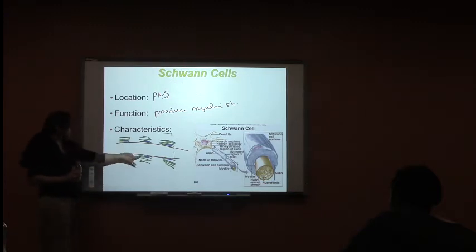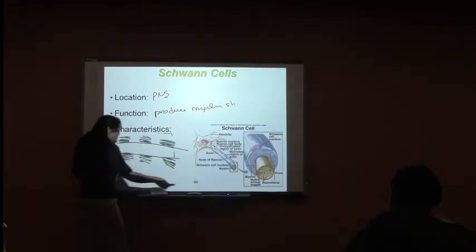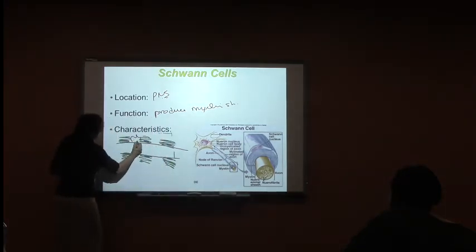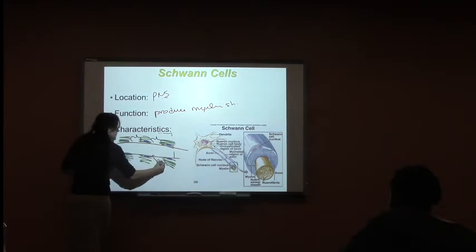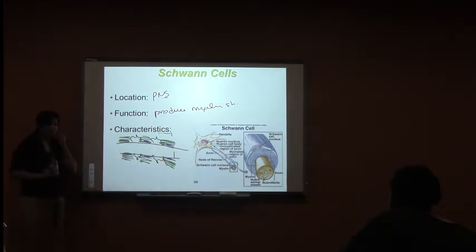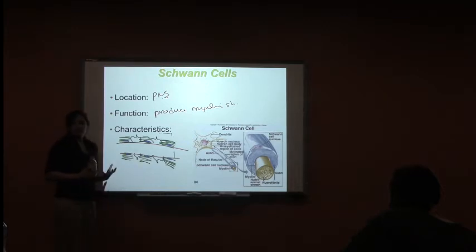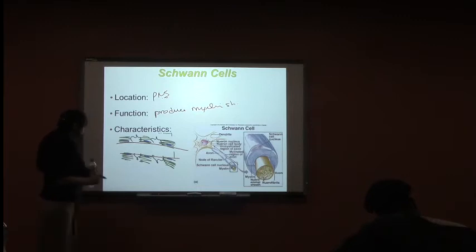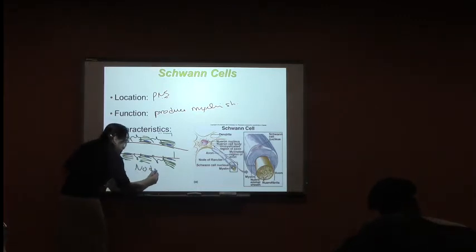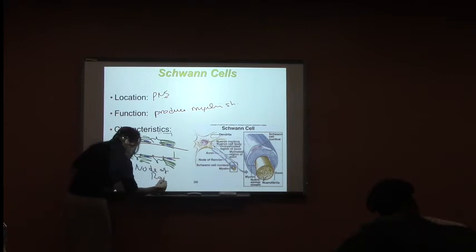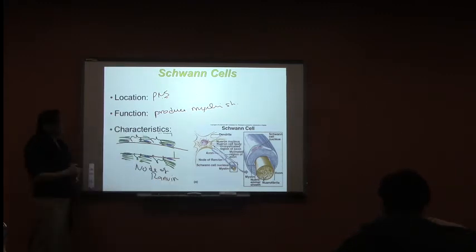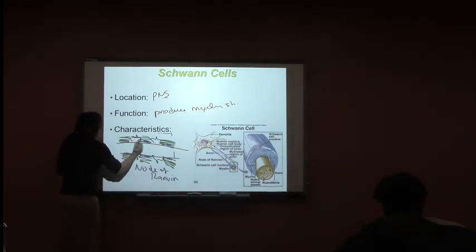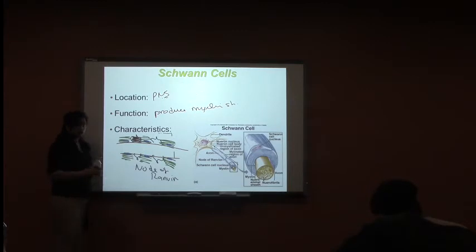And as you can see, it's actually getting enclosed within it. But right here, there are these gaps, right? Which are not myelinated. Okay? Those are bare regions of an axon. You don't call it bare axon, you call it node of Ranvier. Node of Ranvier. Okay? So nodes of Ranvier are these black areas that I'm drawing right now. It's a bare axon.